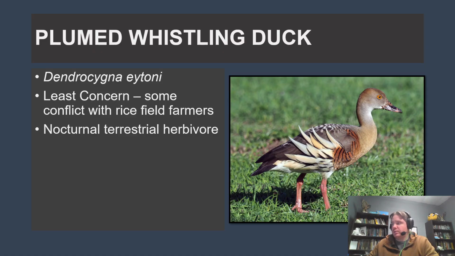The plumed whistling duck is a very, very distinct duck. It has these long, pointed plumes, and it has this patch of striping in the sort of, if you would call it, the shoulder area of the bird and onto the flank.